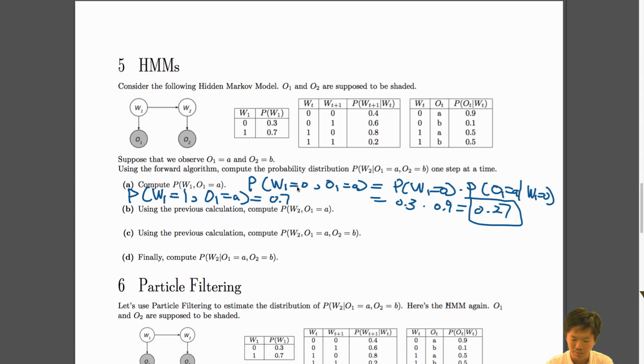And the second term in the multiplication will be the probability for the observation equals A, conditioned on the hidden state being 1. So that's going to be 0.5. So that's going to be 0.35 for the case of W1 equals 1.